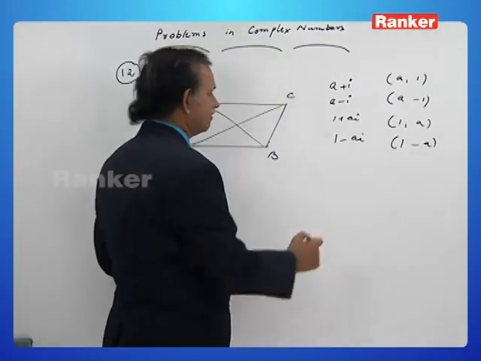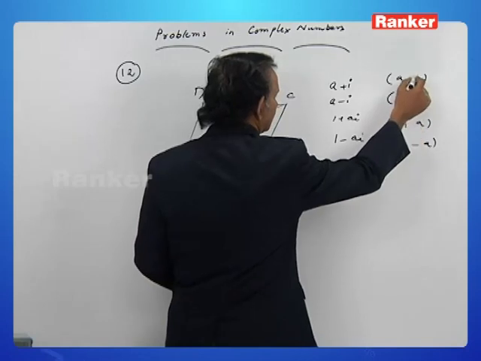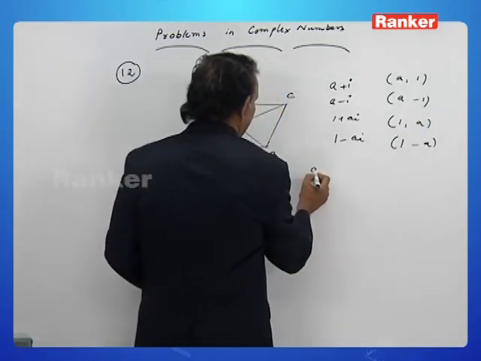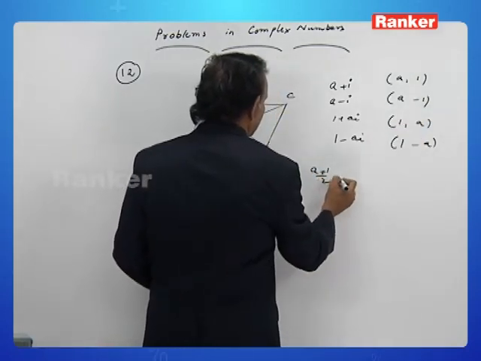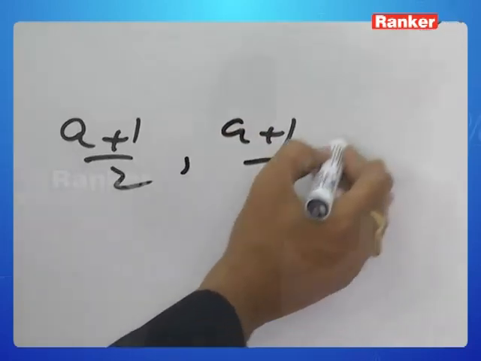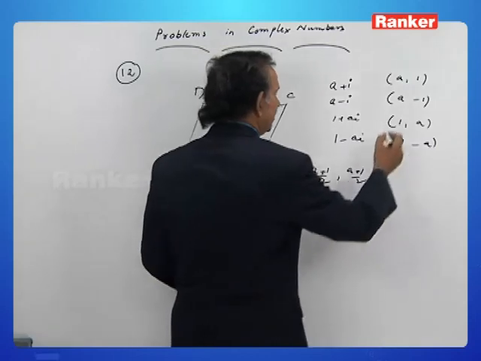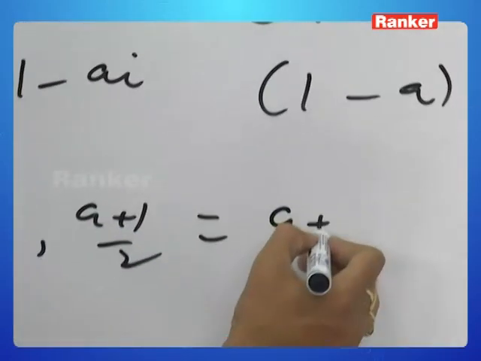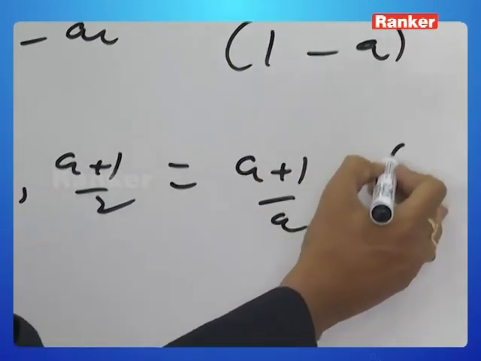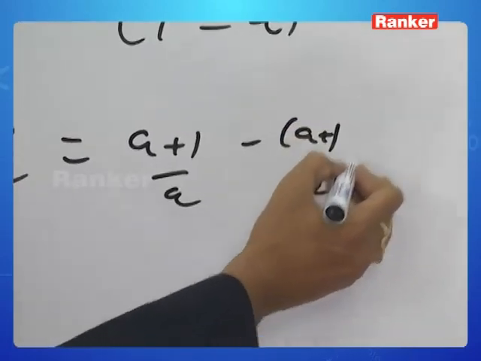What is the midpoint of AC? ((a + 1)/2, (a + 1)/2) is equal to the midpoint of BD. What is the midpoint of BD? ((a + 1)/2, minus (a + 1)/2).